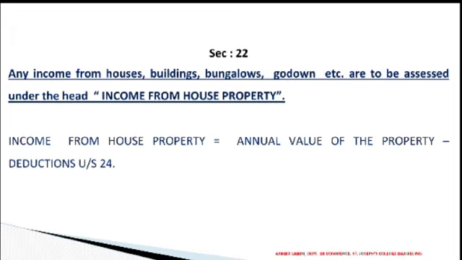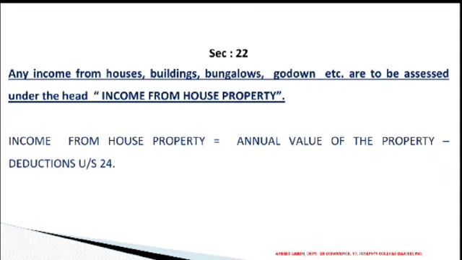Finally we get the actual rent, and we compare it with the expected rental value. Whichever is higher is the gross annual value. Then we deduct the municipal tax paid by the owner, and finally we get the net annual value, that is the annual value of the property.